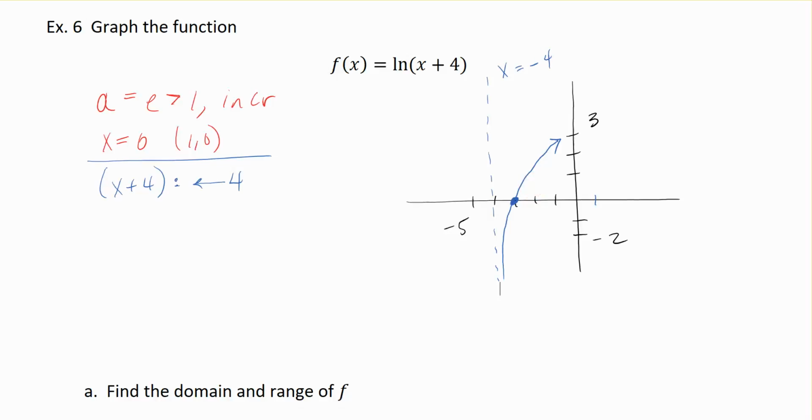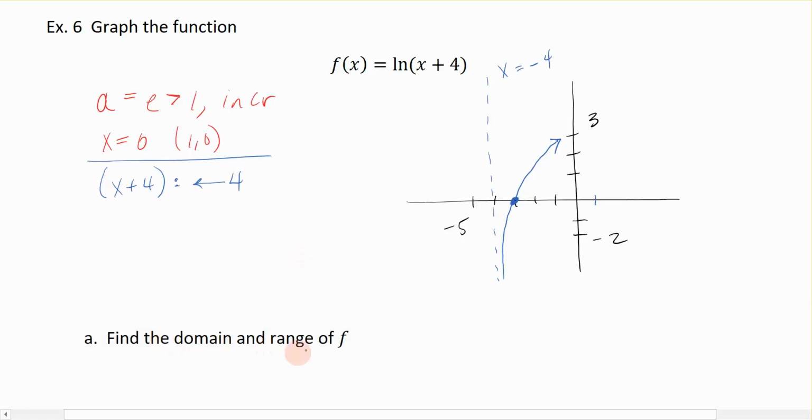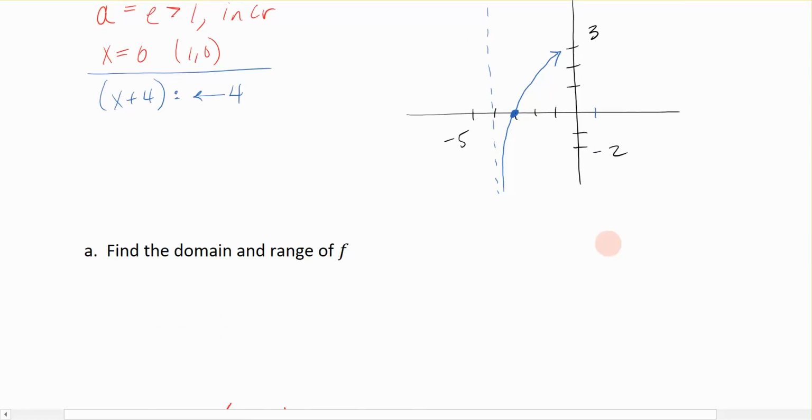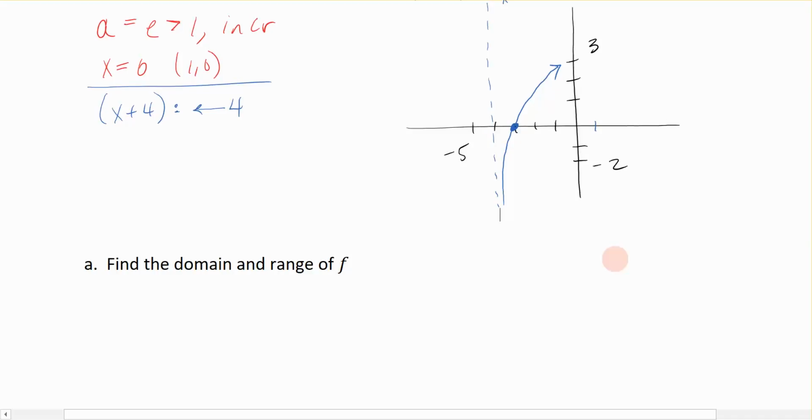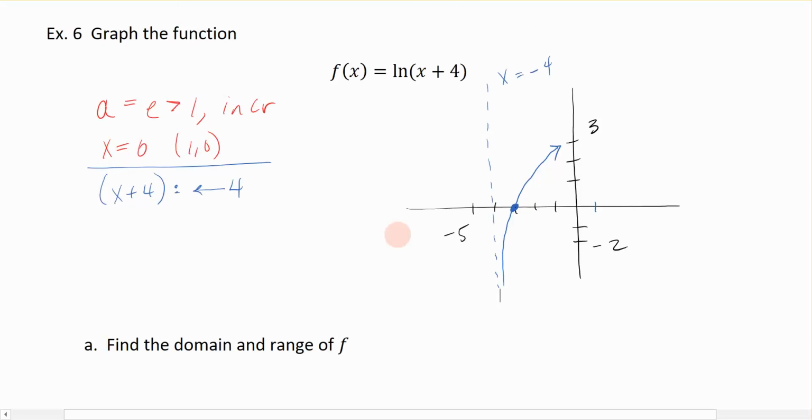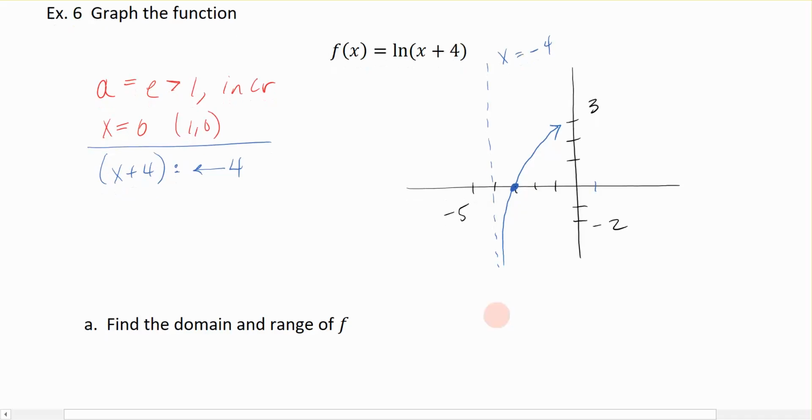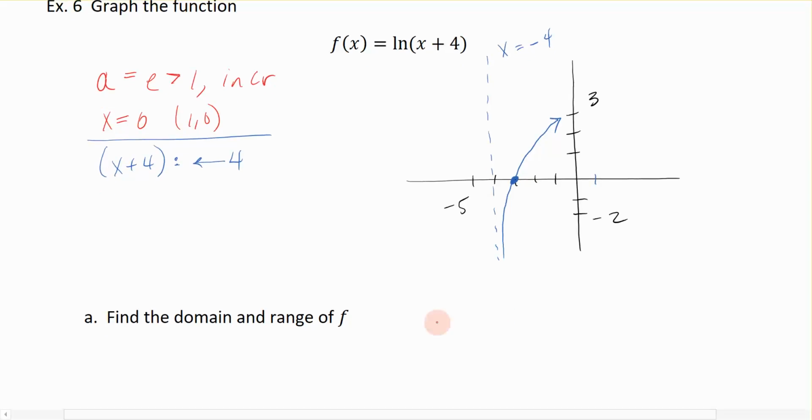The next thing in this problem asks me to find the domain and the range of my function. Remember that the domain of my function had to do with the argument. So where is my argument greater than 0? That says x plus 4 greater than 0. x has to be greater than negative 4.